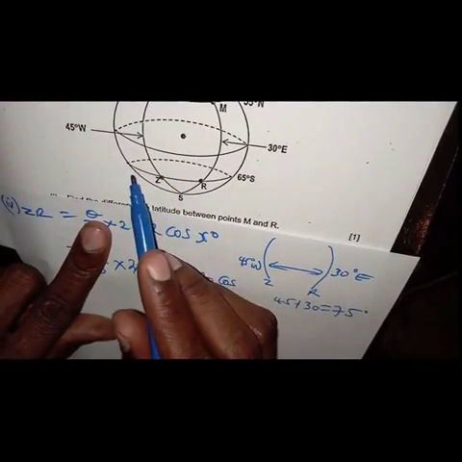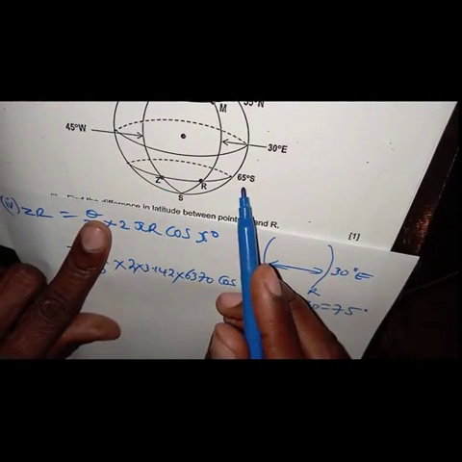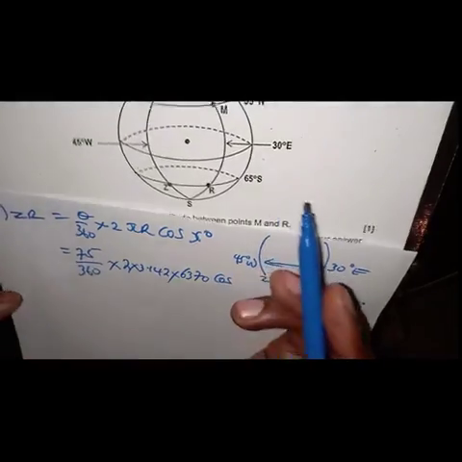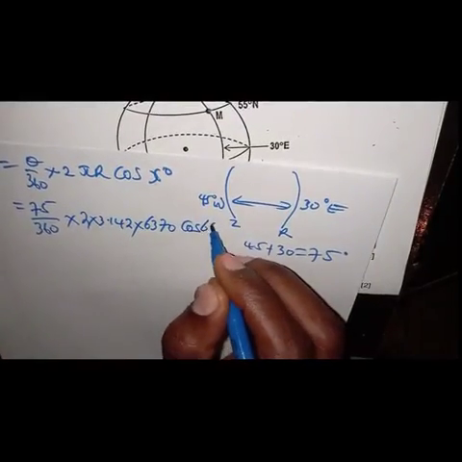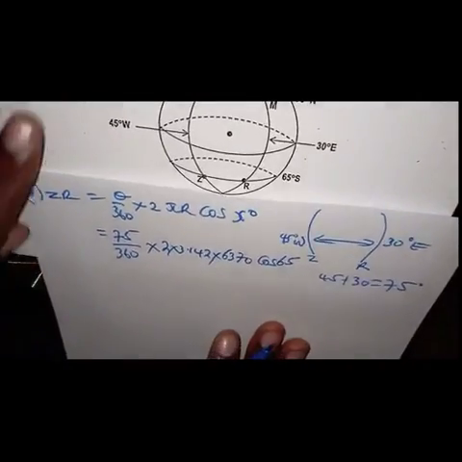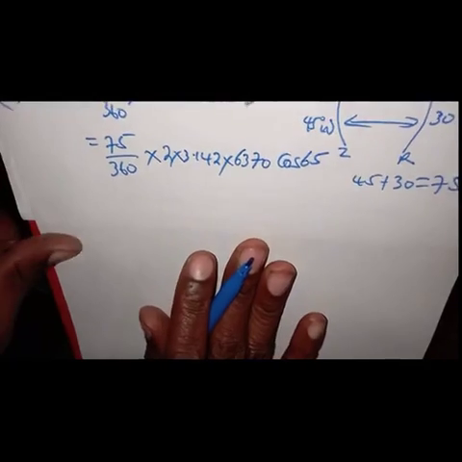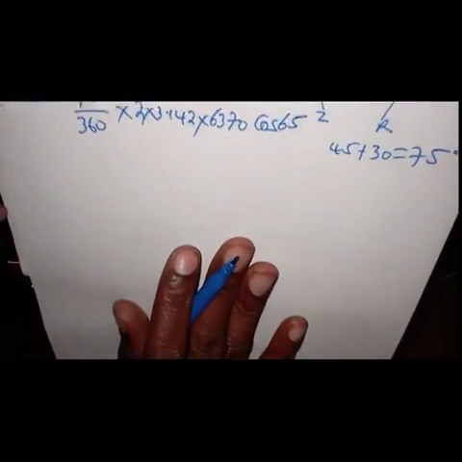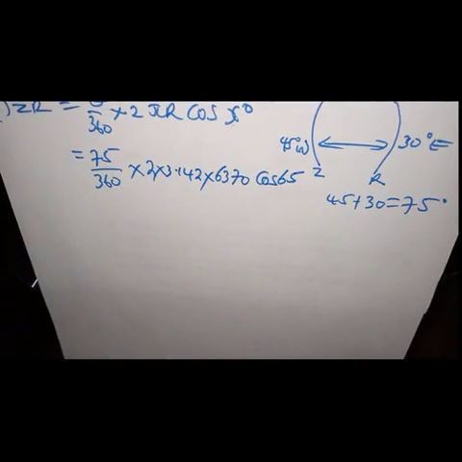Z and R are both lying on the same latitude, which is 65 degrees south. So here you put 65, meaning they are lying on the same latitude. What has remained now is just to punch this. Let us just punch this.